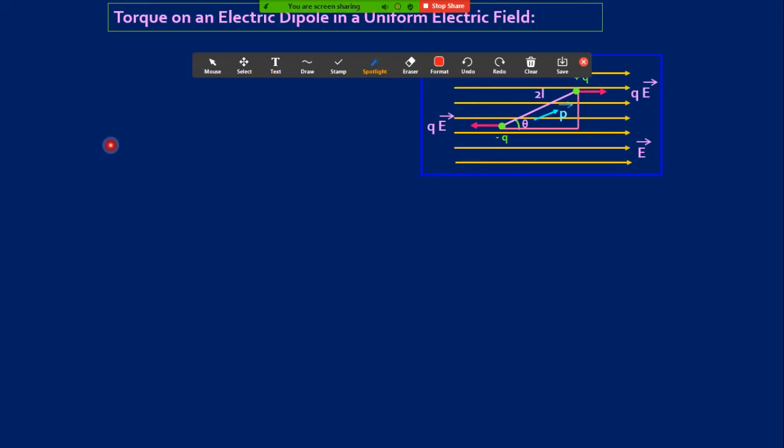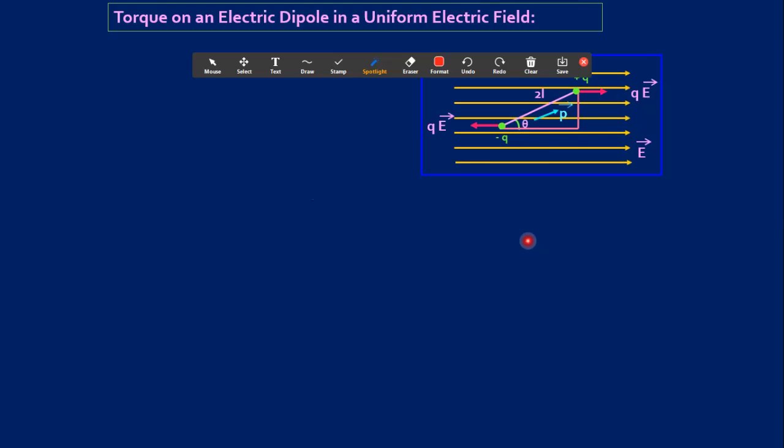You can see that there is a separation of two charges, minus q and plus q, and the force direction is QE on each. As the directions of these two forces are opposite to each other, a couple is produced here, and a couple is the main factor to produce torque.